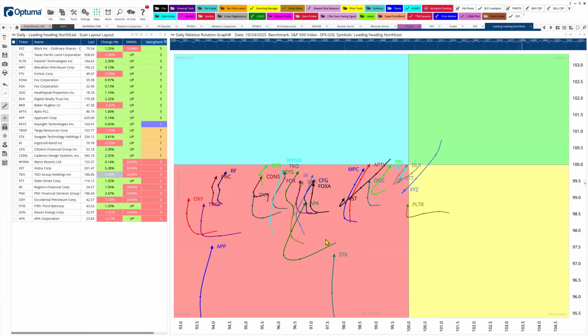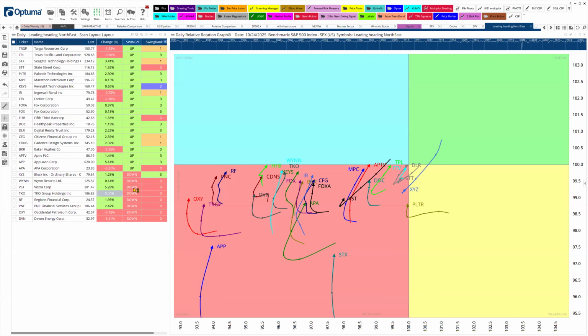Now in this rotation here, okay, filter this thing down. Even though the rotation looks like it is going to improve in the next coming days, for the stocks you're looking for here, the swing direction is still down, right?